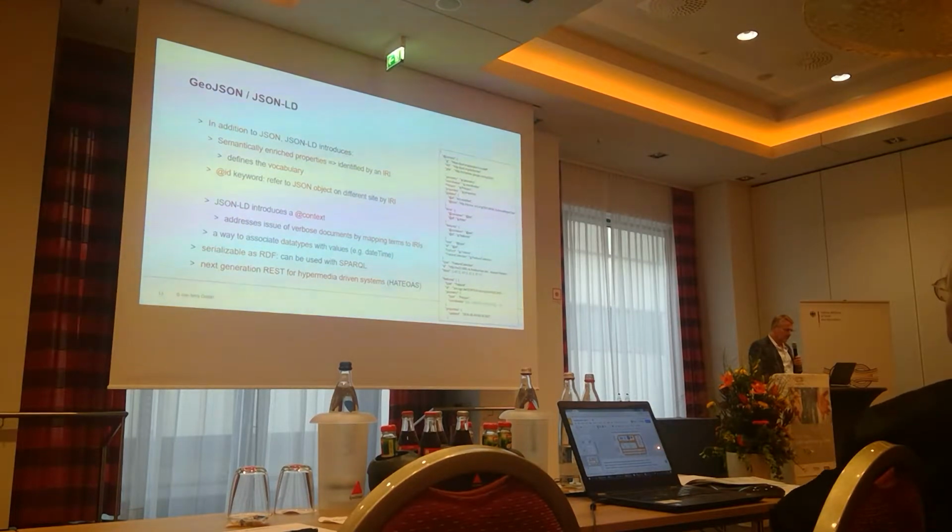And in GeoJSON-LD, in addition to JSON, we introduce, as I said, the semantics of the properties. Every property is defined by a URI, and this defines the vocabulary which is used by the JSON-LD response format. And you also have the ID keyword, which can refer to JSON objects on a different site.